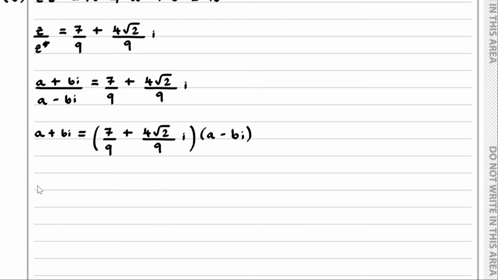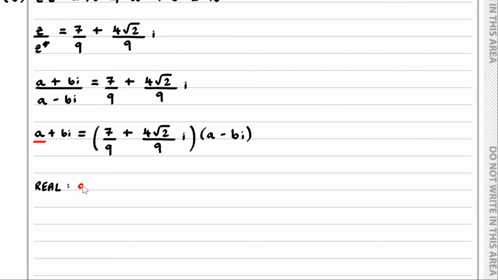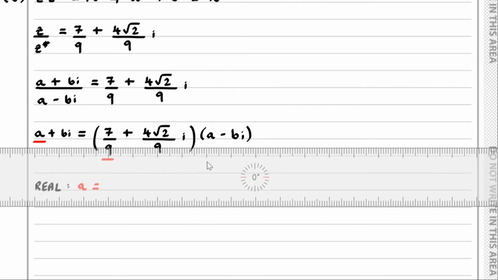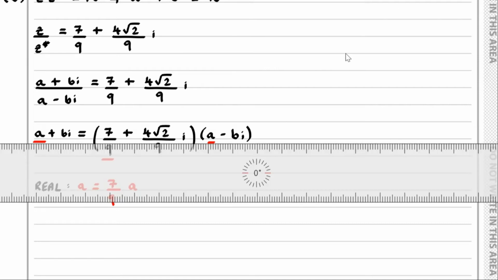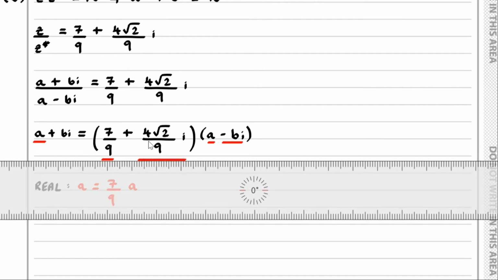So if we take a look at the real parts, then what's real on the left hand side is a, and on the right hand side I have 7 over 9 multiplied by a, so that's 7 over 9 a, and then what else gives me a real term will be the negative bi multiplied by the 4 root 2 over 9i.